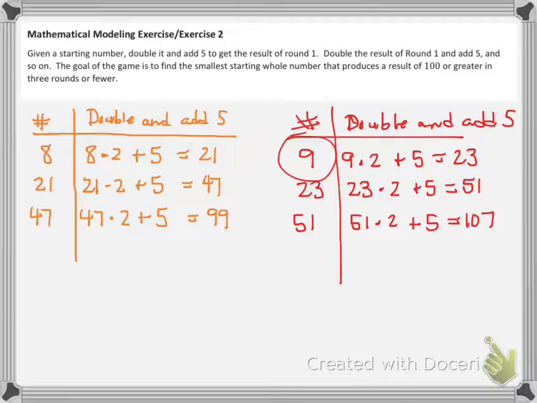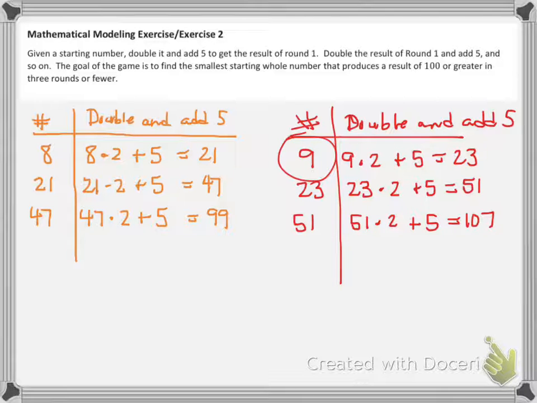I don't know where I would start. Maybe, gosh, I got 107 in 3 turns with a 9. So I don't know, maybe 20, I don't know, 30? Is 40 too much? Is it not enough? I'd have to do a lot of guessing and checking.